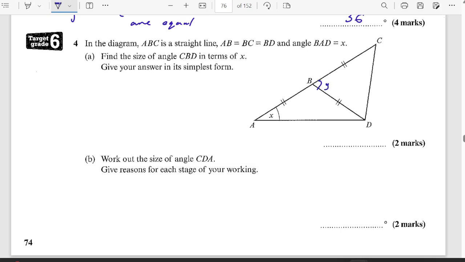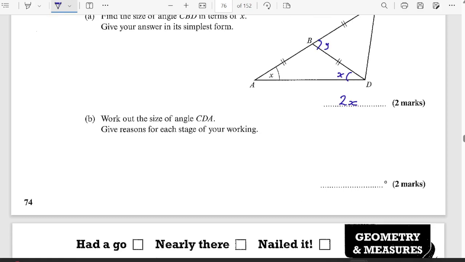So I'm going to call that y for now. Okay, so we've got base angles of an isosceles triangle are equal, so that would be x as well. And then it's going to be 2x. And the exterior angle of a triangle is equal to the sum of the other two angles. So that's really my reason. It doesn't ask for the reasons though.